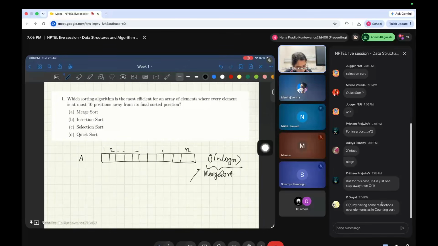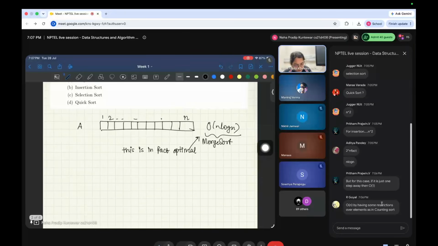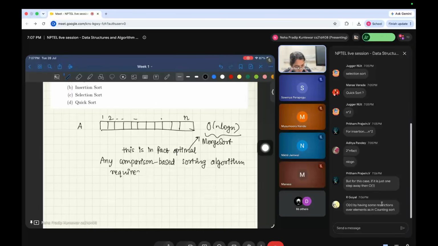So in fact this is optimal. Any comparison based sorting algorithm requires omega n log n comparisons.